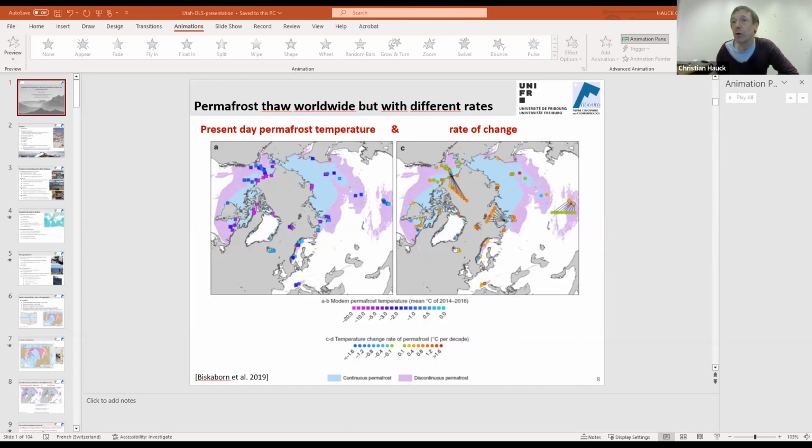So the more red or orange, the higher the rate of thawing of the permafrost. So you see for the European perspective, not all over the place, but mostly substantial thawing rates. The same also for Tibet, the same for the more western part of Russia, and for the Arctic as a whole.